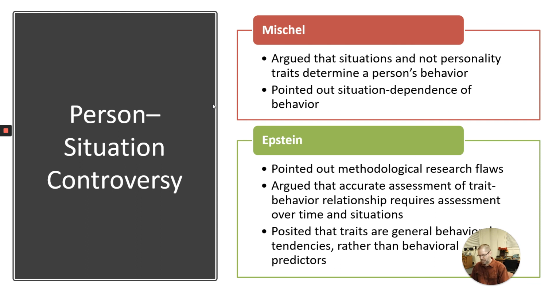And he posited that traits are general behavioral tendencies rather than behavioral predictors. So a much more modified point of view. He says, really, if you're going to come to that knee-jerk theory that it's your personality placed in a situation, foregone conclusion, this will be the outcome.